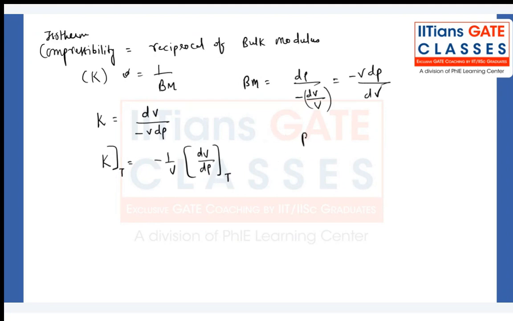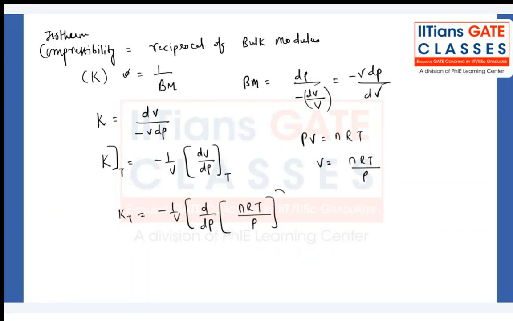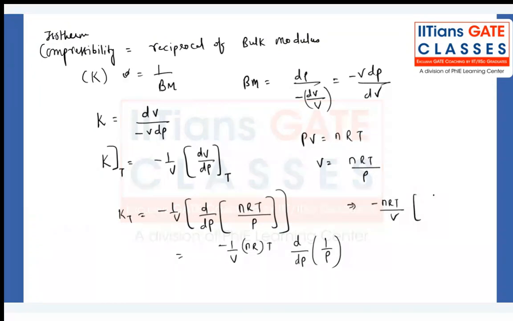For ideal gas we know that PV is equal to nRT. Then V can be written as nRT divided by P. Put that value into K_T, minus 1 upon V d by dP of nRT by P. So what I will be getting, 1 upon V nRT, with T constant, d/dP of 1/P, which is minus 1 upon P square.